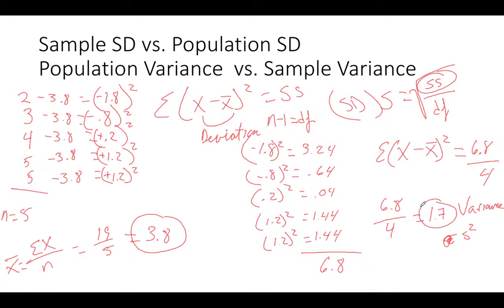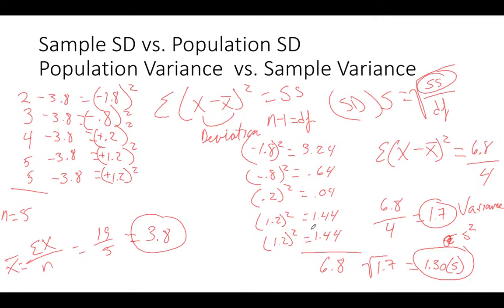So here, I'm going to take the square root of 1.7, and the square root of 1.7 in our particular case should be equal to 1.30. So 1.30 is the standard deviation in our particular example here.